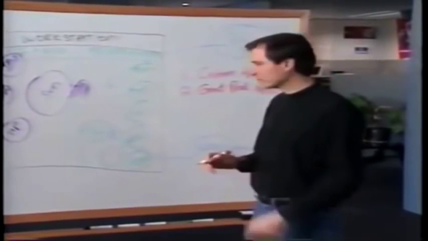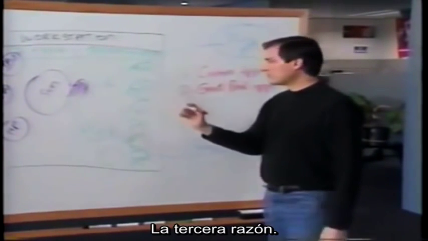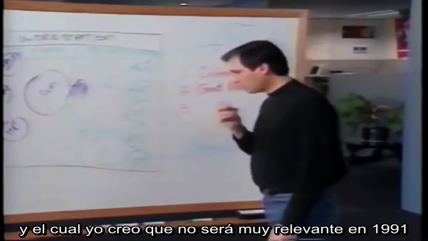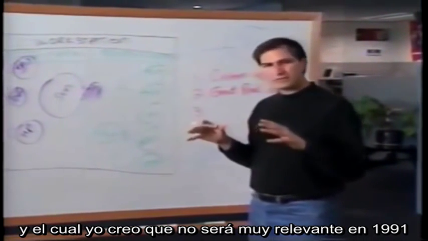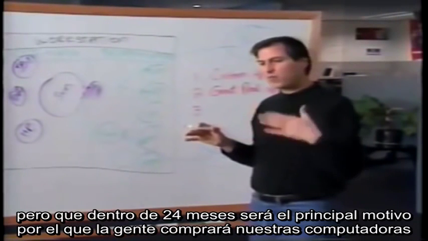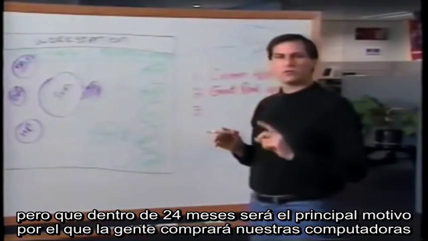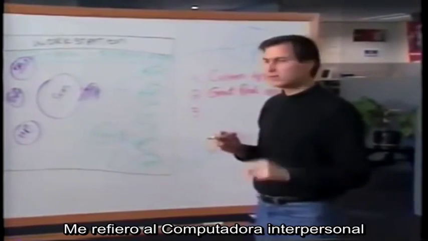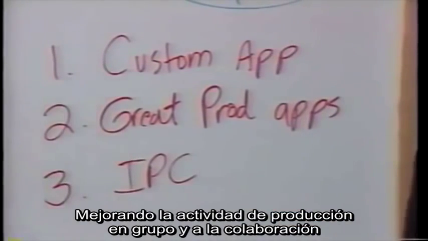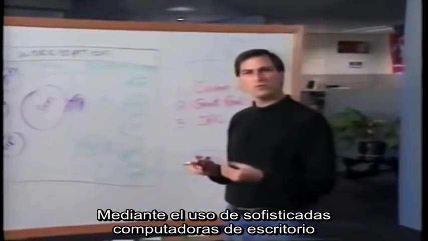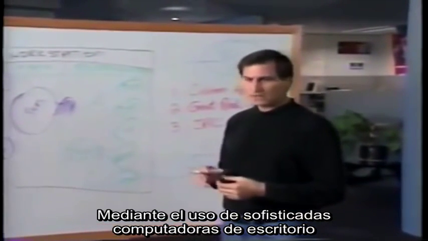The third reason that people are moving in, which is one that I think will not become paramount in 1991, but within 24 months will be the largest reason people are buying our computers, is interpersonal computing. Improving group productivity and collaboration through the use of sophisticated desktop computers.